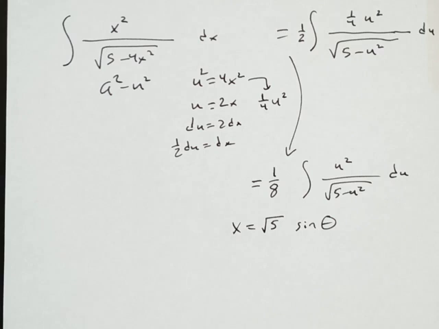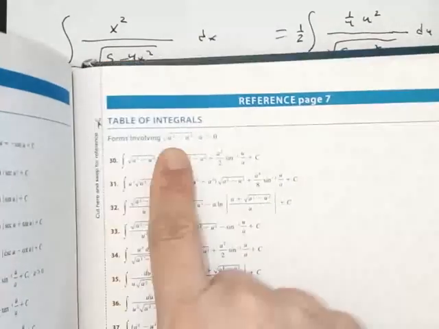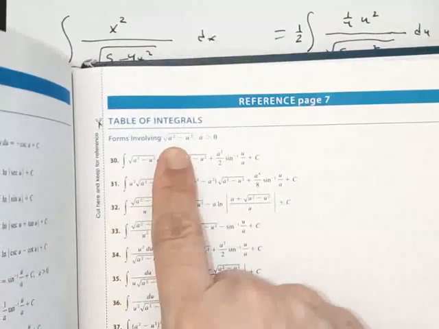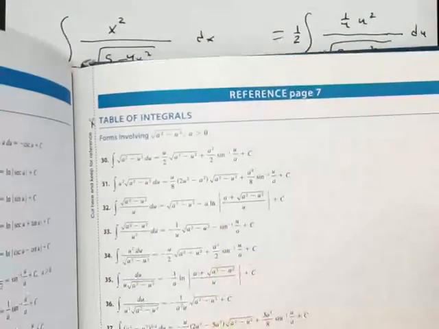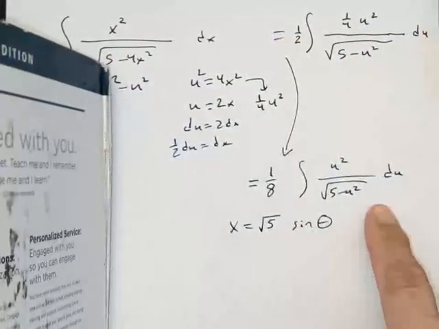In that giant section and table in the back of the textbook, there's an entire section dedicated to square roots that look like a squared minus u squared. So I am going to cheat, 100% cheat. I'm going to say, take a look at these, because that's a squared minus u squared. And which of these resemble this?